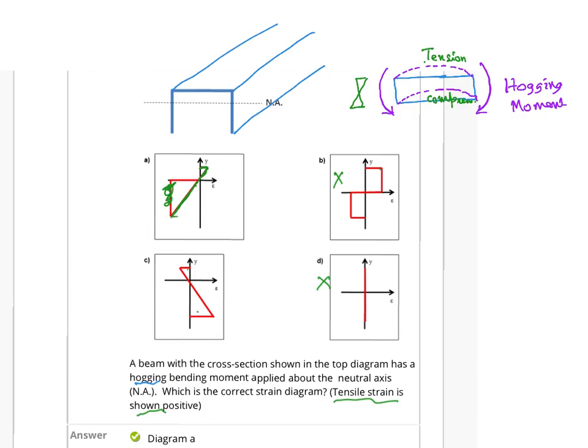It would possibly have been much better if it were drawn like this. If I have to draw this again, I would draw it something like this. This is a strain diagram. The bottom bit is under compression, the top bit is under tension. So this is the correct diagram.